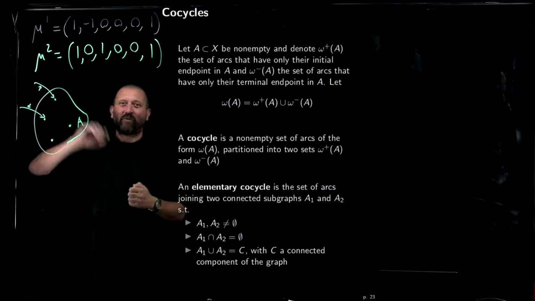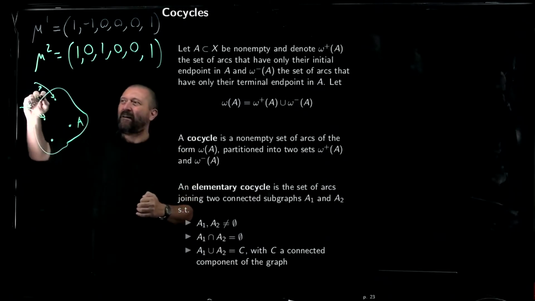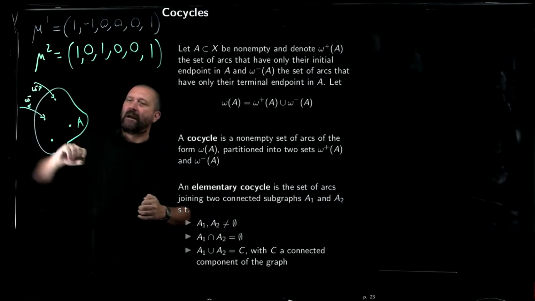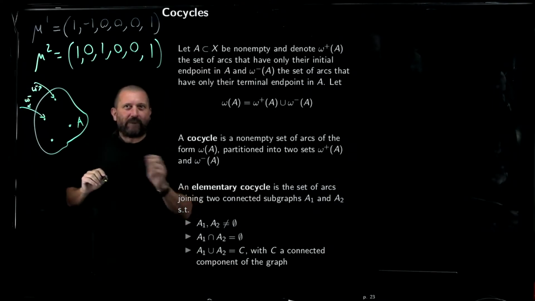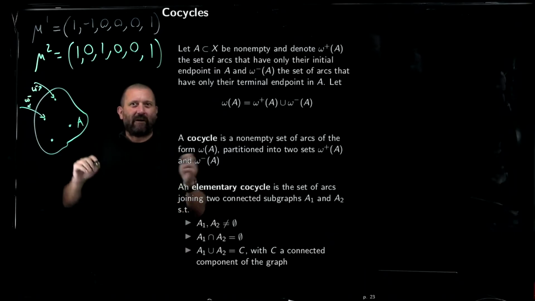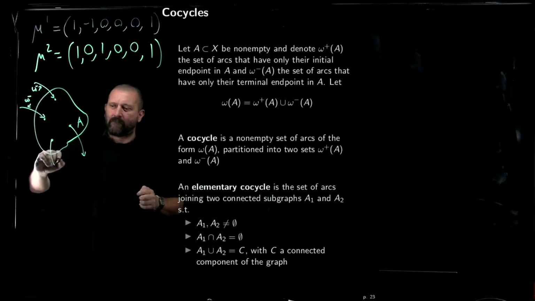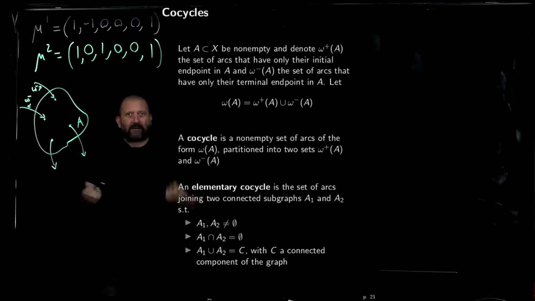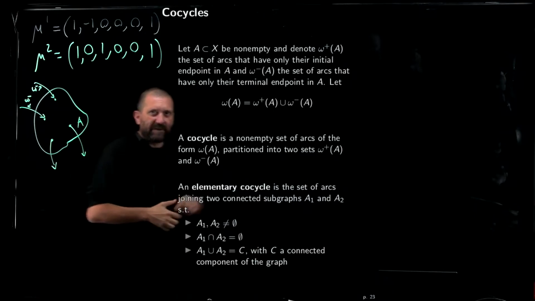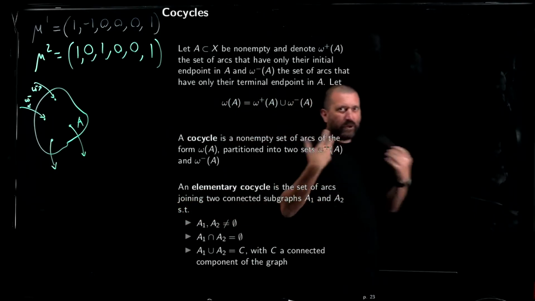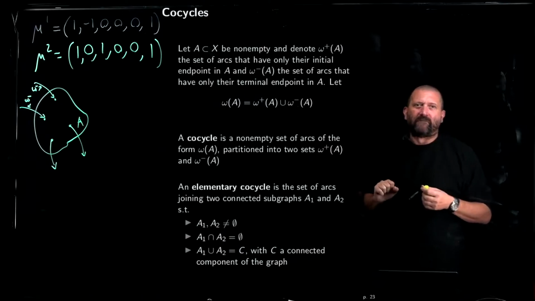Okay, so sorry, I take that back. These would be in omega minus. And the set of arcs that initiate in A are denoted with omega plus.